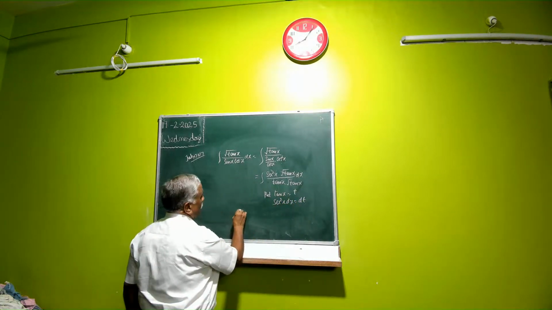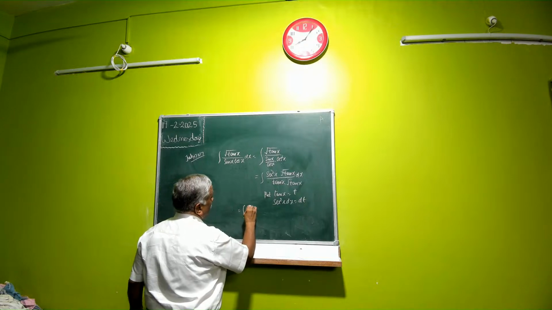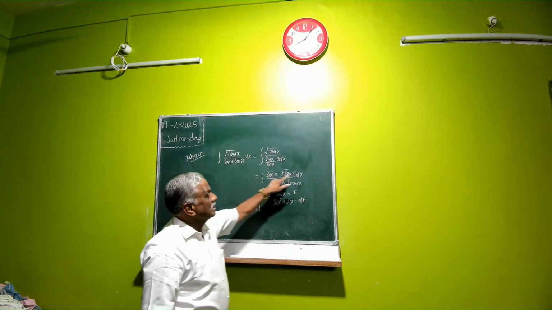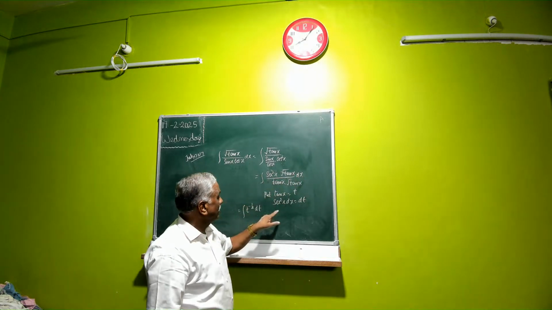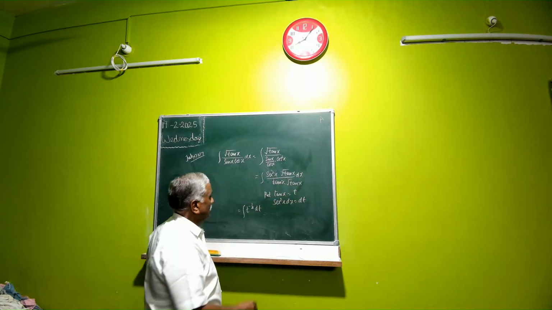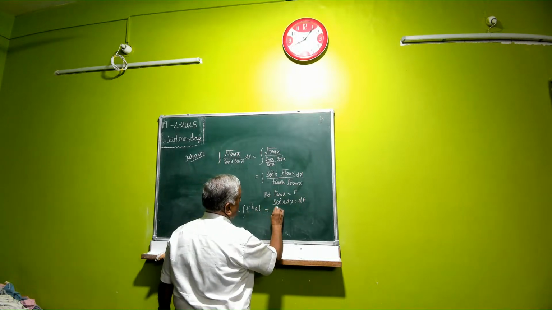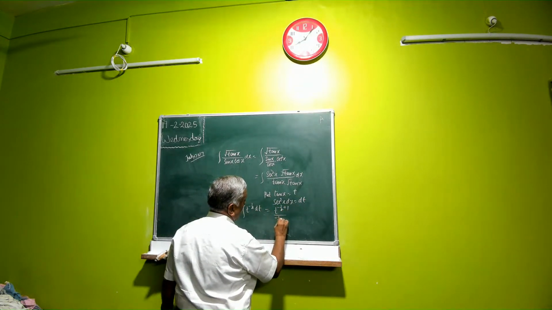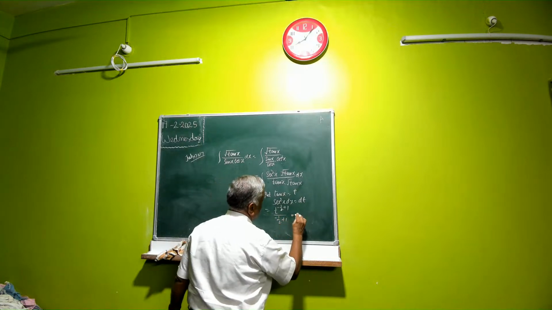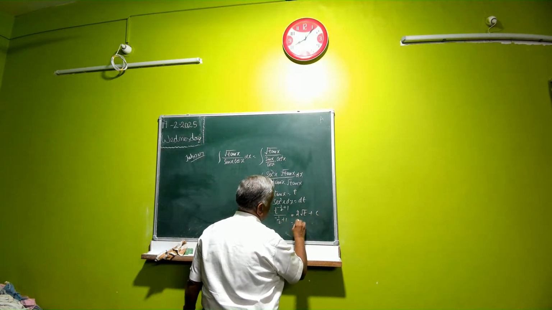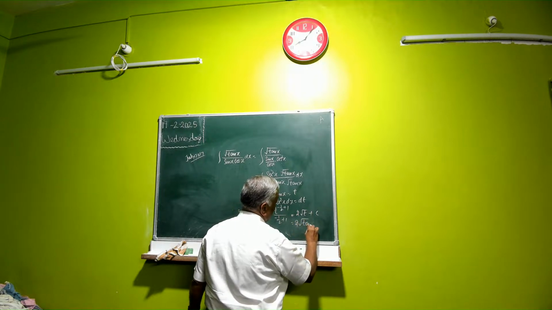So this is equal to t to the power of minus half dt, because secant square x dx becomes dt, and tan x is t. So what is the integration of this? T to the power of minus half plus 1 over minus half plus 1. That is 2 root t plus c. That is 2 root tan x.